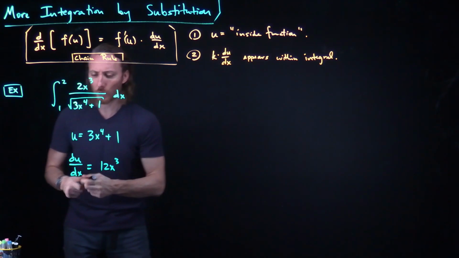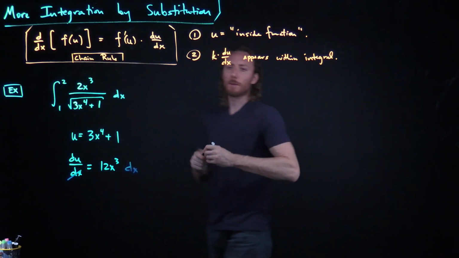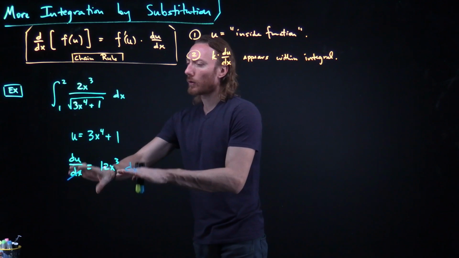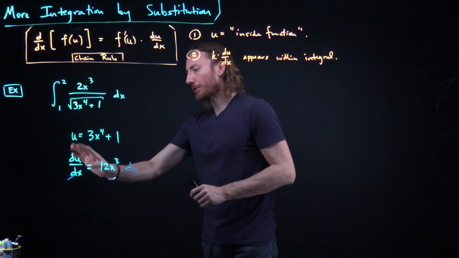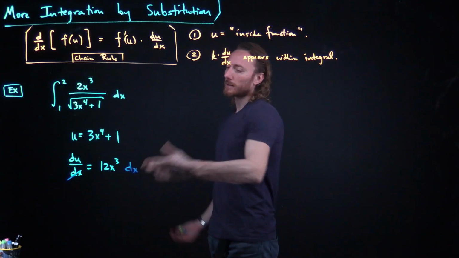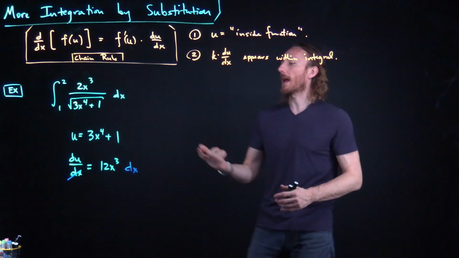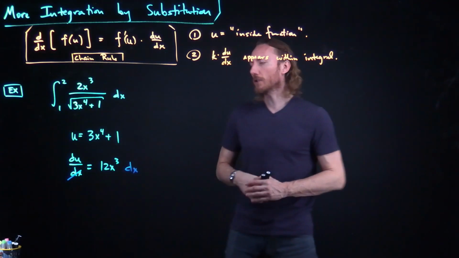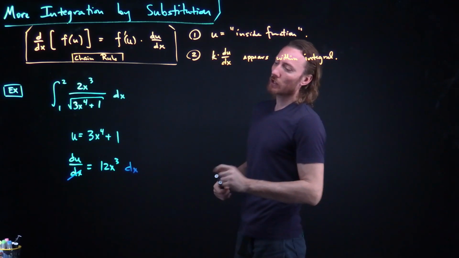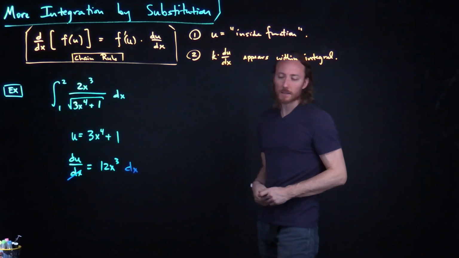And if we want to, we could move that dx to the other side so that the expression below harmonizes with the expression above, where u's are on one side and x's are on the other. And then what you notice is the derivative of u is essentially 12x cubed dx. Well, hey, do we have a 12x cubed dx in our original function? No, we don't, but we have a constant multiple of that, right? 2x cubed is just a constant multiple of 12x cubed. In fact, what constant multiple?